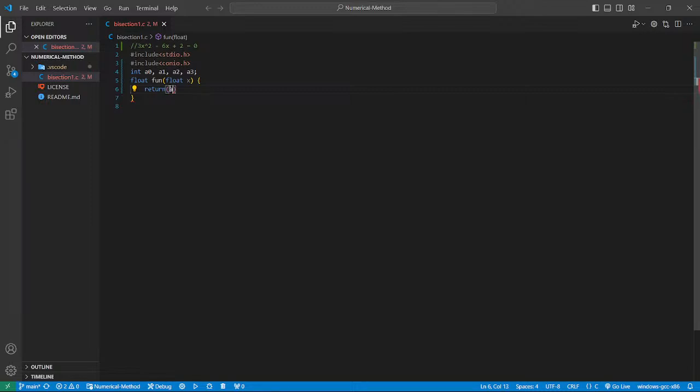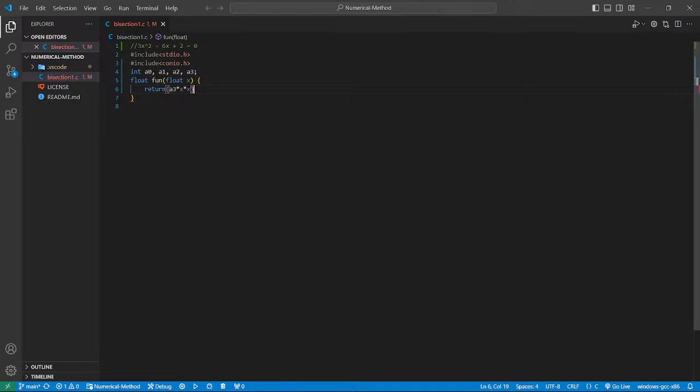I want to keep a3 times x square. We are not giving 3 already, because when we run this program, the user can input their own values, like 4, 5, 6 or some random numbers.